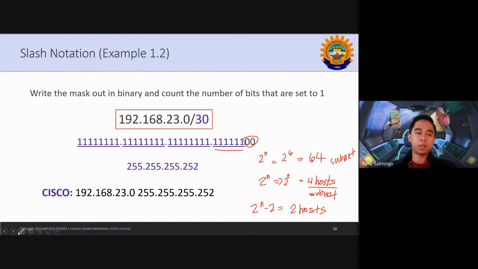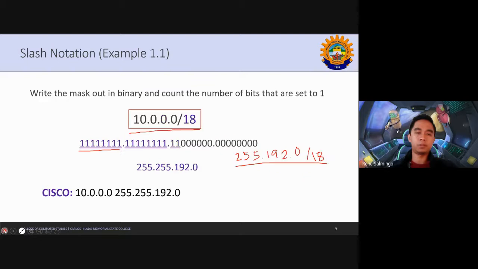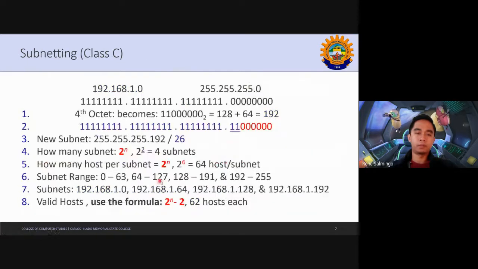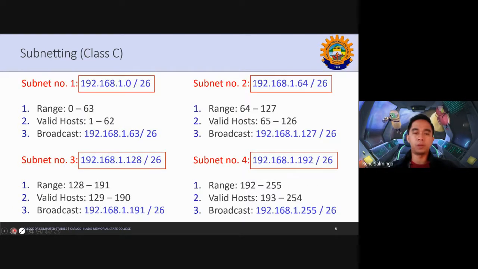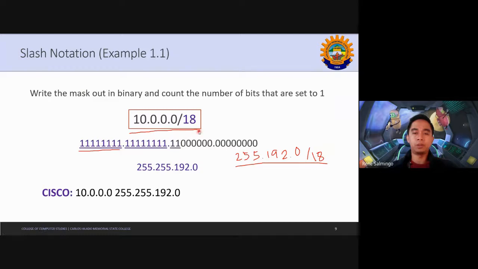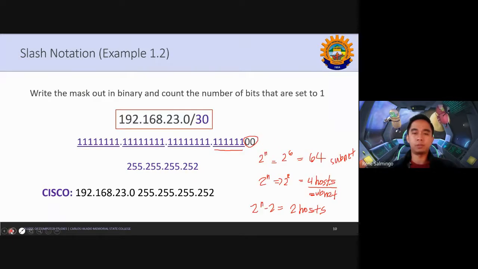At the same time, as you see the example on this side, you just follow this, and you won't have any problem with the calculation. And if you try to practice it at home, it's better. Try to put different values for your host address. This is for class C.